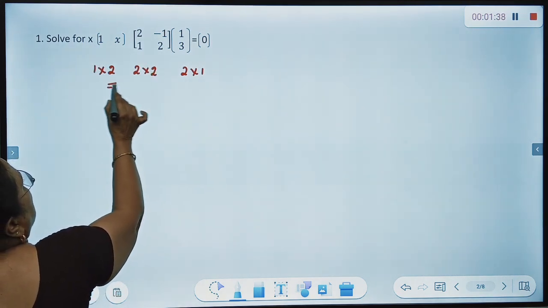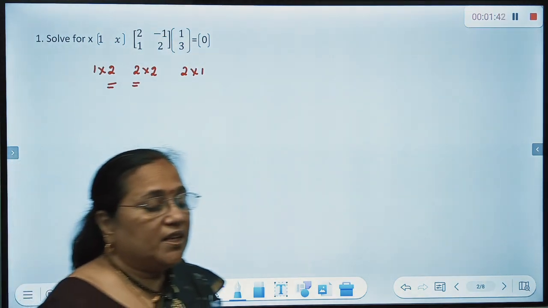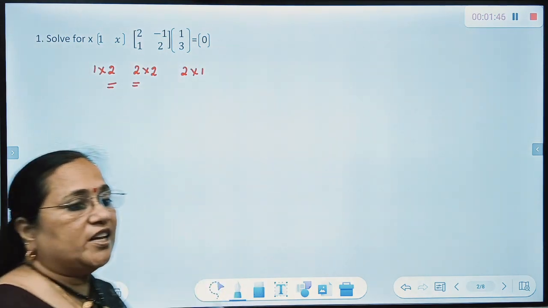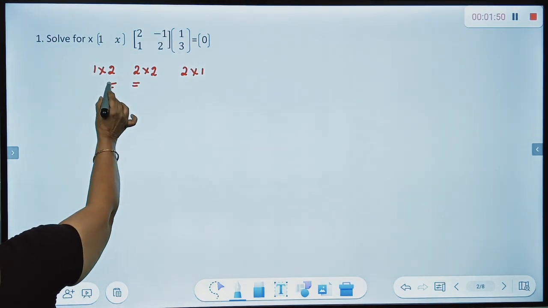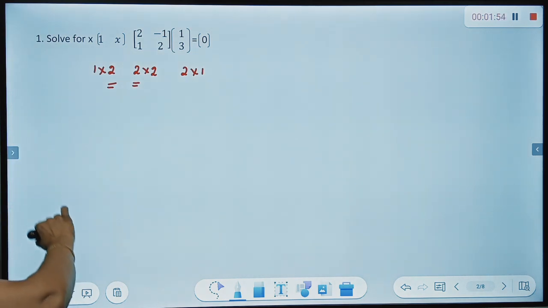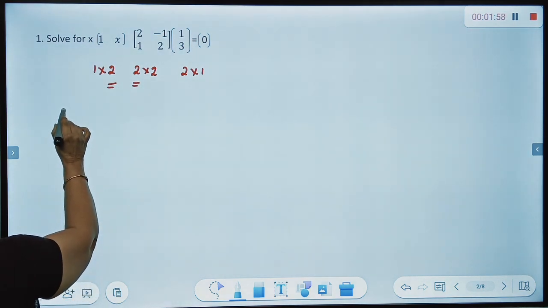Is multiplication defined? When is multiplication defined? When the number of columns in the first matrix is equal to the number of rows in the second matrix. So you can clearly see that this number tallies with this number, which represents columns for first and rows for second. So multiplication is well defined.